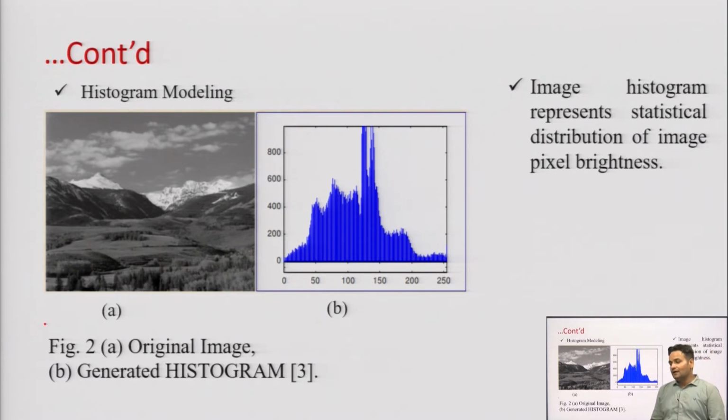So, if we see, then most of the pixels are at 150, having more than 800 pixels. And gray level actually varies from 0 to 255. Okay. So, that information is actually provided by the histogram.